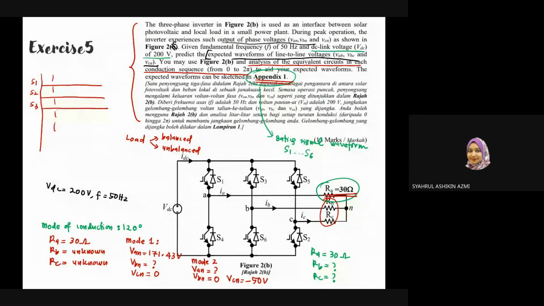If it is shaded in two boxes like this, it indicates that this is using 120, and you can always check in each mode how many switches are turned on.